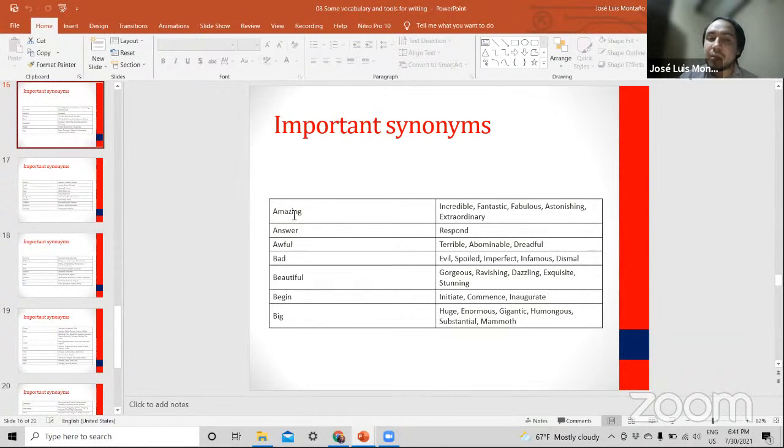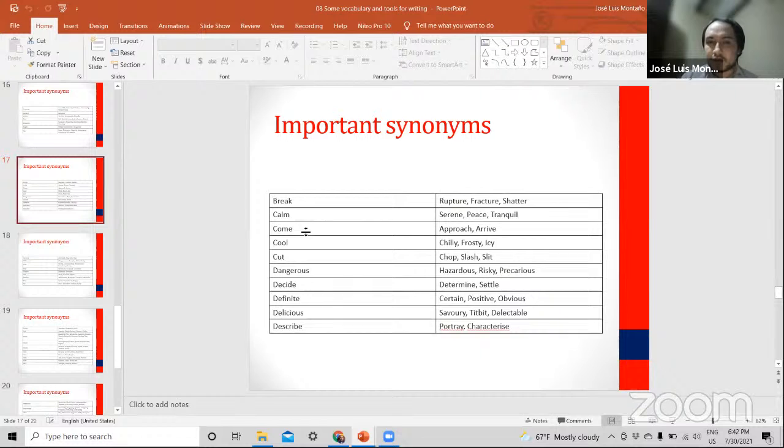So instead of amazing, the second time can be incredible, fantastic, fabulous, astonishing, extraordinary. Beautiful can be gorgeous, ravishing, dazzling, exquisite, stunning. And you have other words.